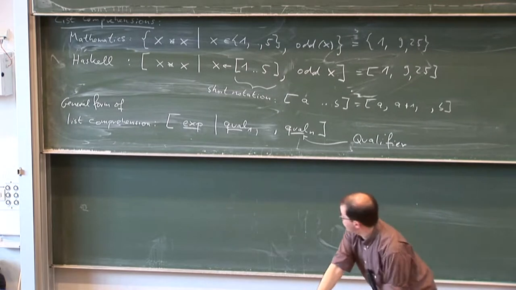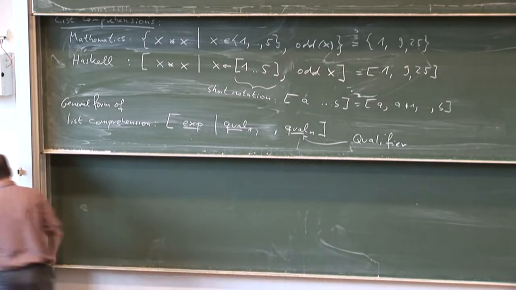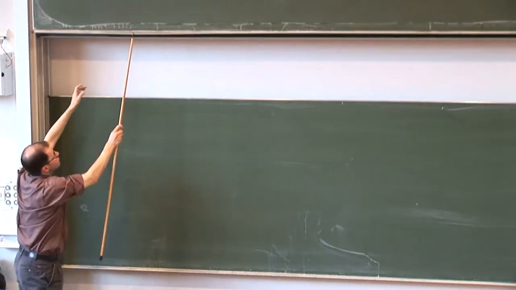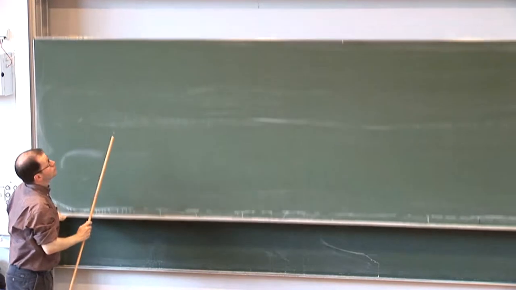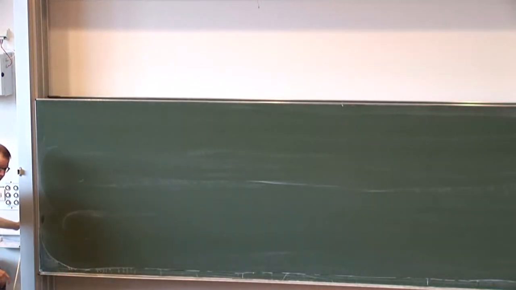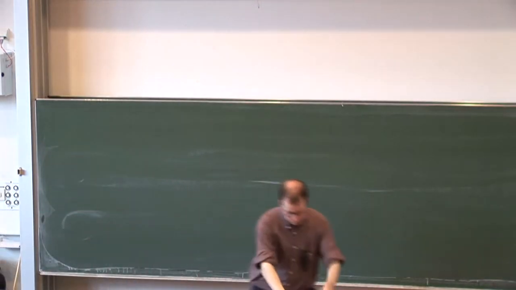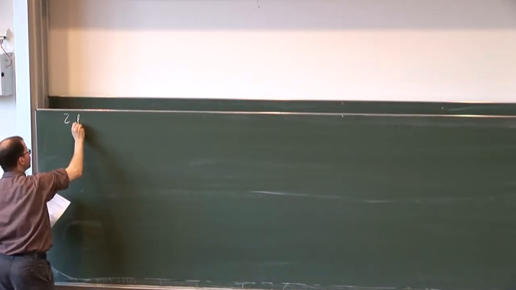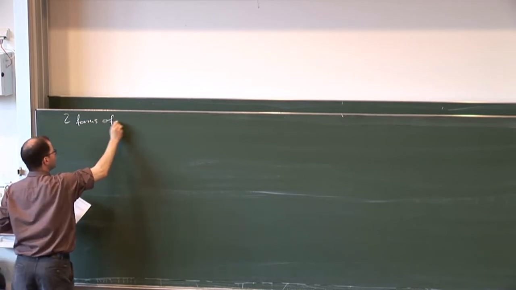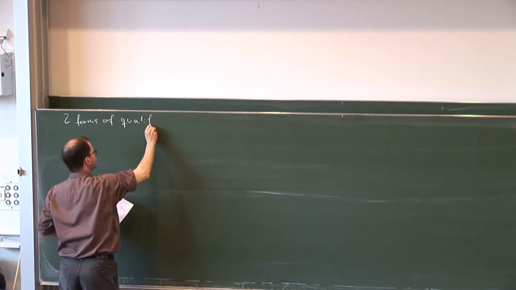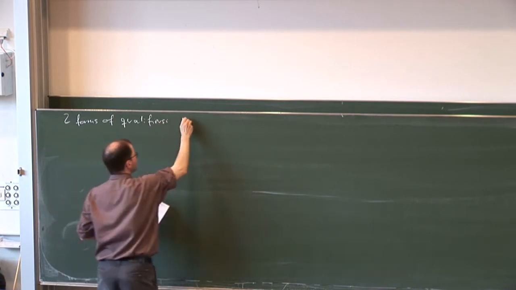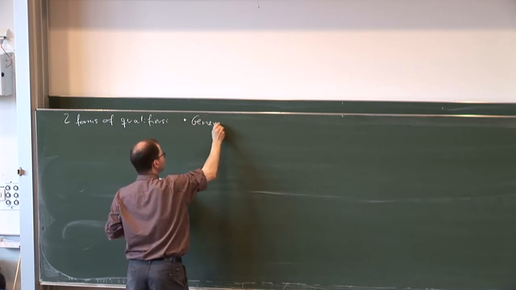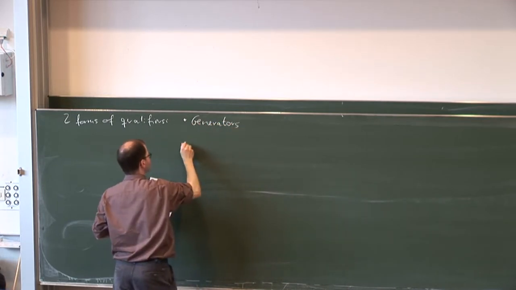And there are two forms of qualifiers which you can both see in this example. So we have two forms of qualifiers: so-called generators and so-called guards.